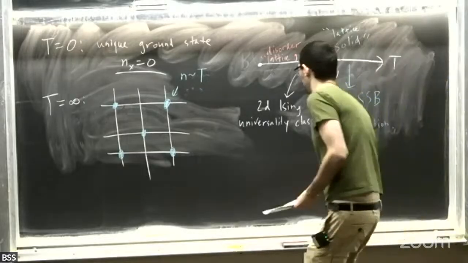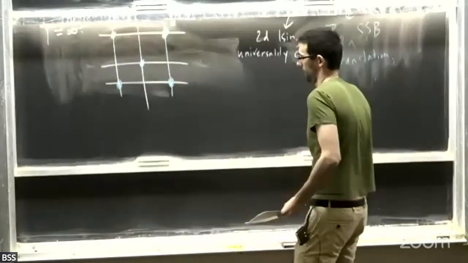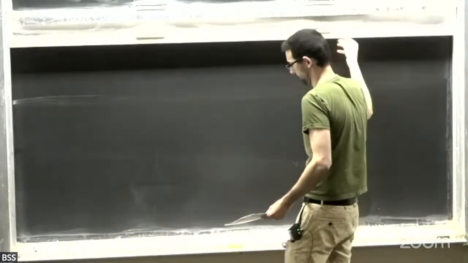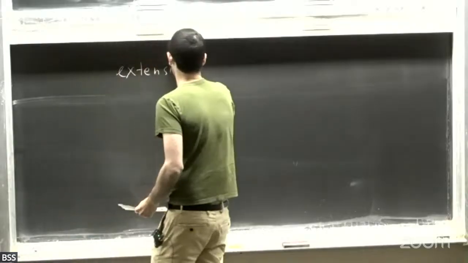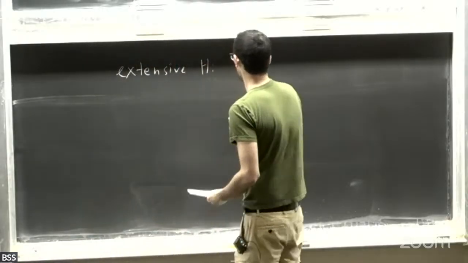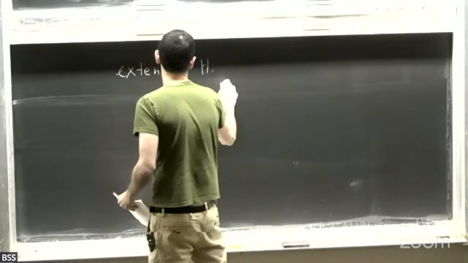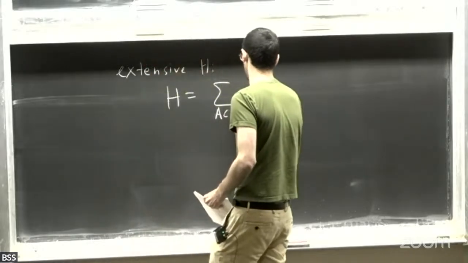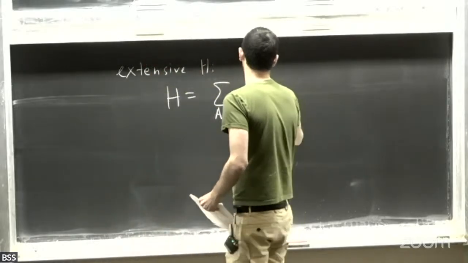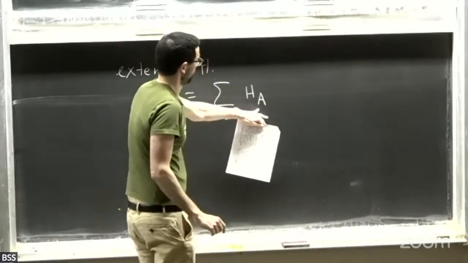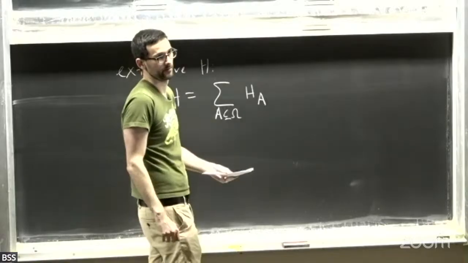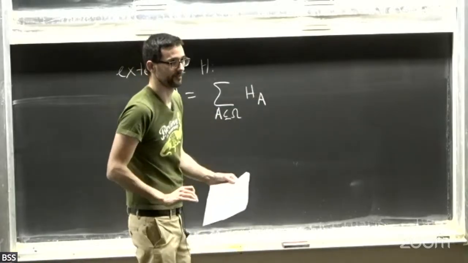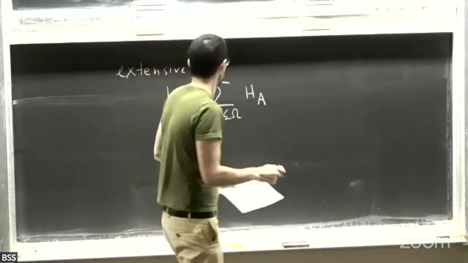Okay, sure. Let me just write it out. Each term here, H only acts on the degrees of freedom in subset A. That's a decomposition I can do.